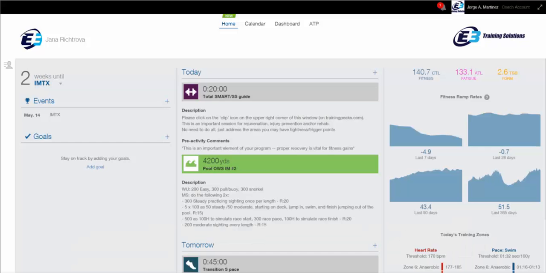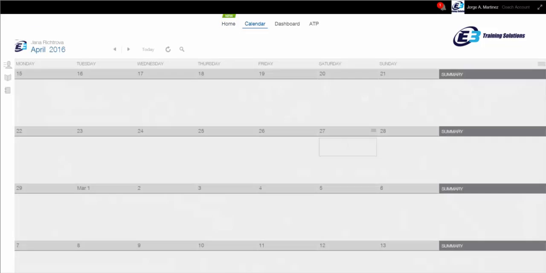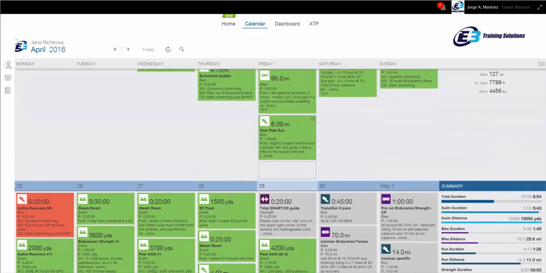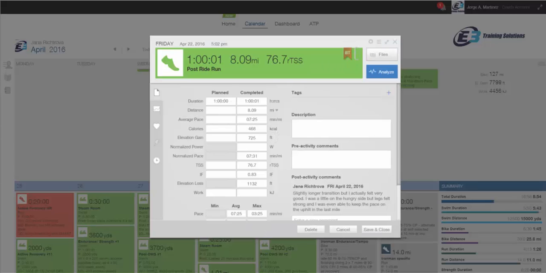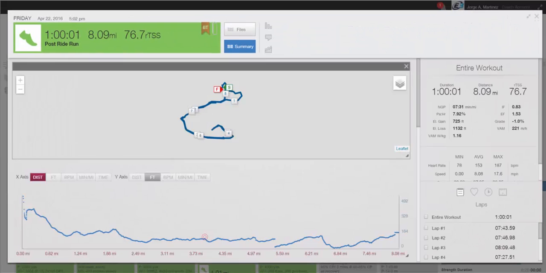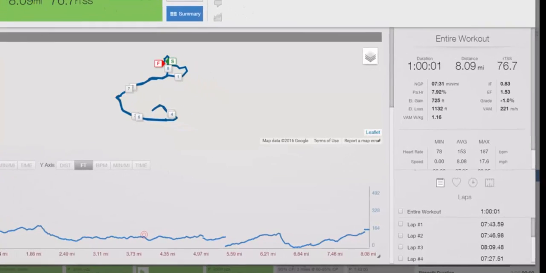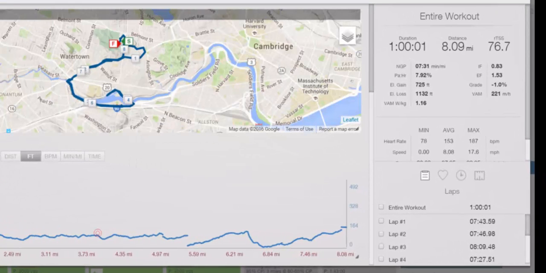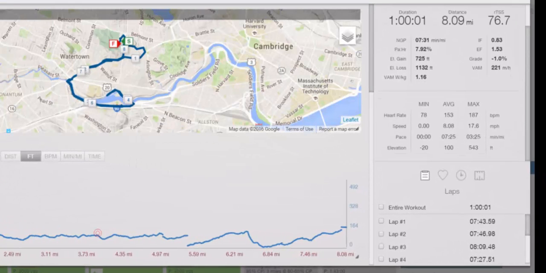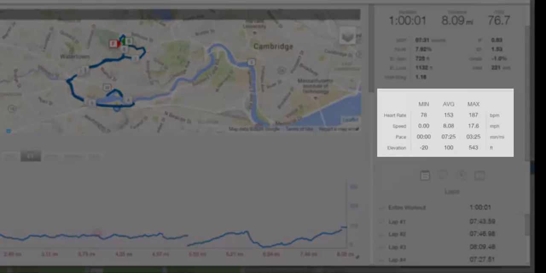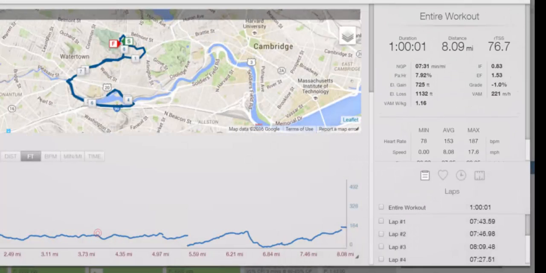Okay, so if we go and look at an activity and a particular run, let's say this run, we can go to the analyze, and in here you're gonna get a summary of all your workout. So in this particular case, for Yana, if you look at the pace for the activity, it says that her average pace was 7:25s, and because of that, her running training stress score, also known as TSS, was 76 points.